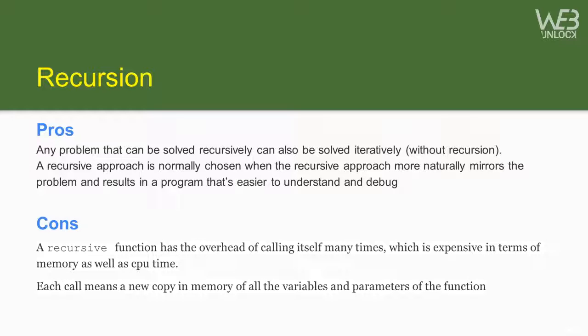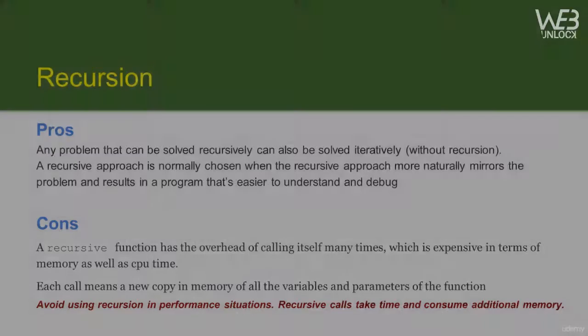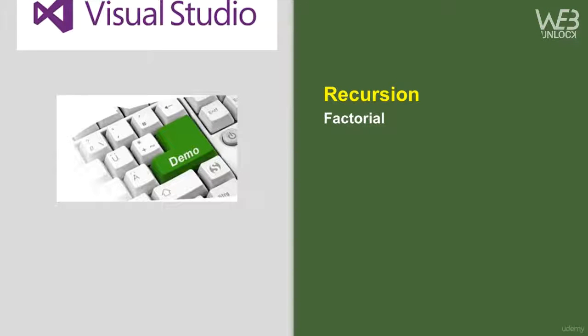Typically, the stack is much smaller than the heap, and if you try to put everything on the stack, then you will get the stack overflow problem. So the takeaway from this is that you should avoid recursion in performance situations because recursive calls take time and consume additional memory. Alright, let's jump into Visual Studio to see how we can implement Factorial both in an iterative fashion and then as a recursive function.